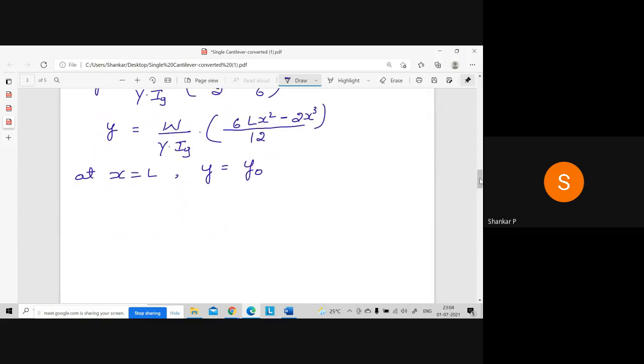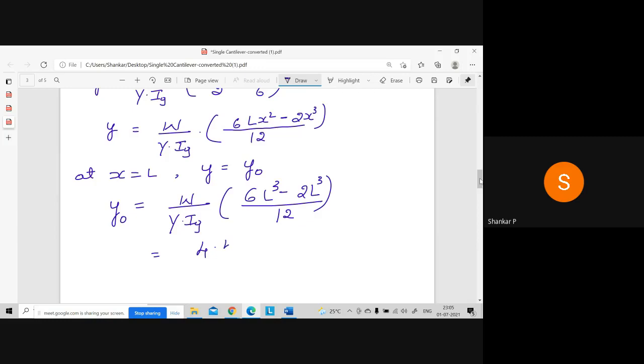Using this, the above equation becomes: in place of y, we should substitute y naught, and in place of x, we should substitute L. So it will be w by Y Ig into 6 L into L square, that will become 6L cube minus 2L cube, with 12 in the denominator. So it gives us 6L cube minus 2L cube is 4L cube.